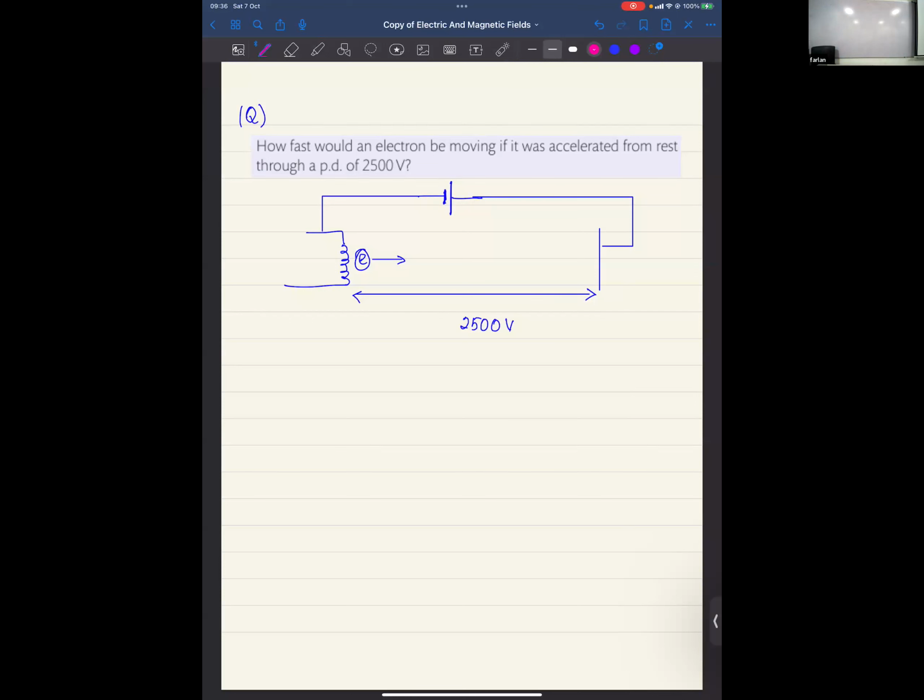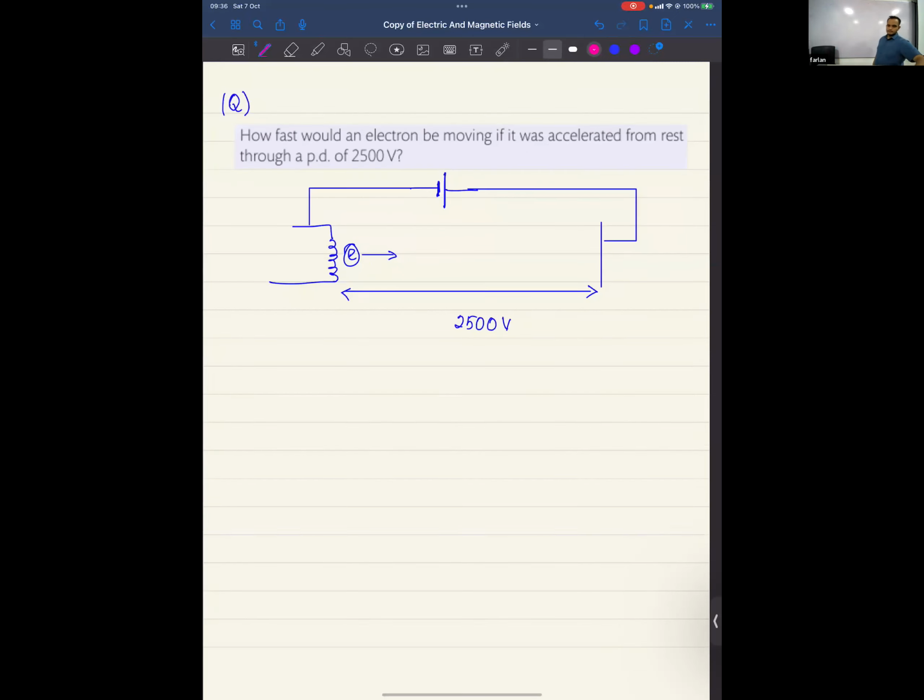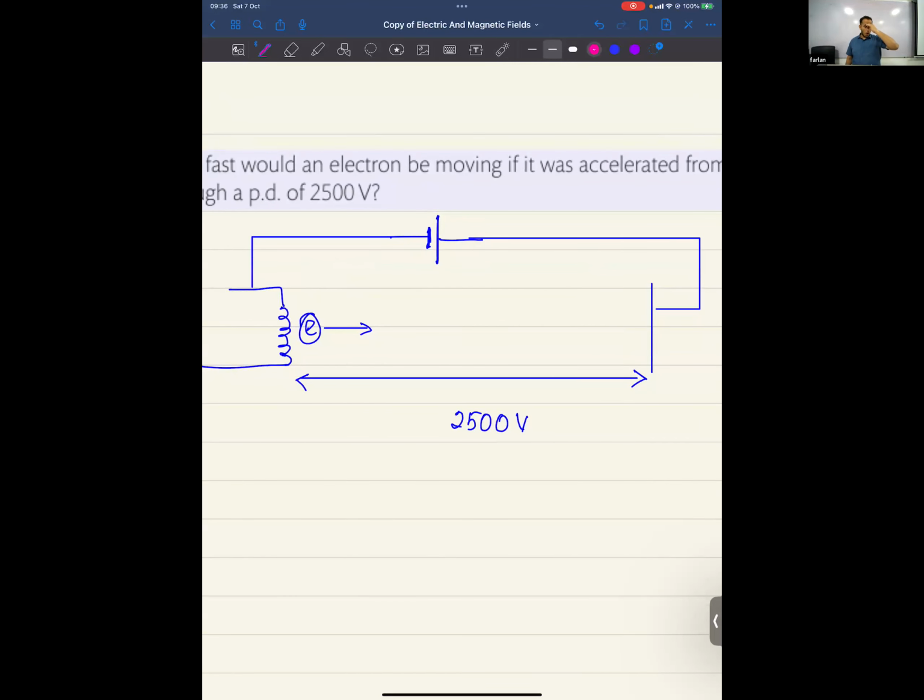Okay, just draw the diagram. Right, guys, now stop your work and look at this.